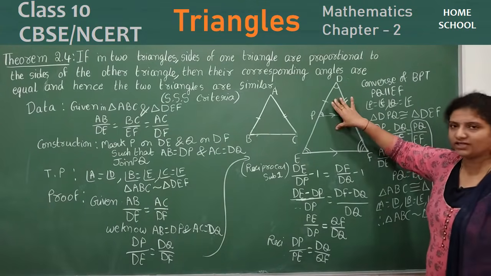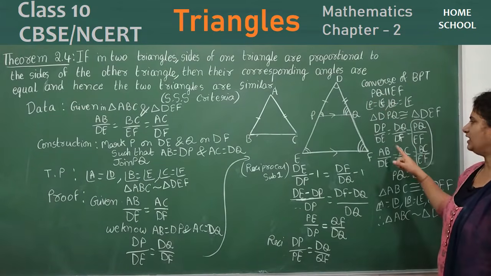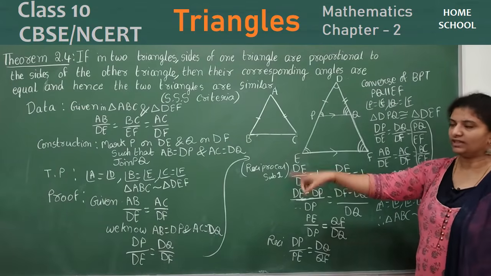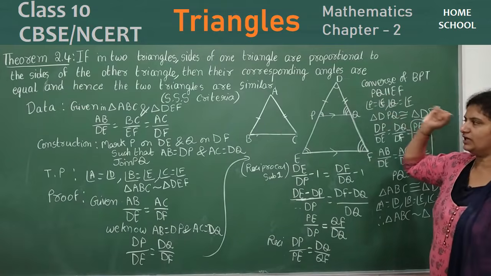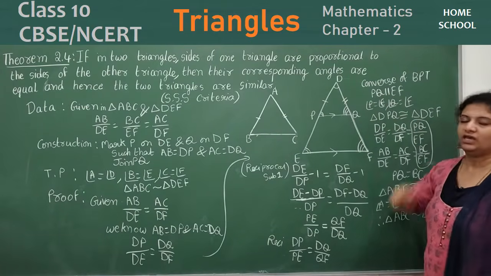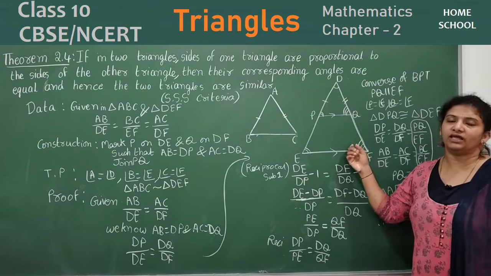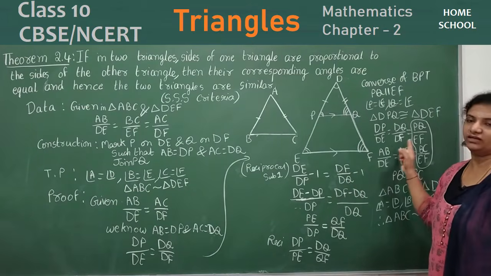Now rewrite the ratios, that is DP by DE, DQ by DF. So now what we have taken, original ratio given, that we have taken DP by DE and DQ by DF, whereas PQ by EF. We are comparing the two triangles. If they are congruent, then their sides are in proportion. So that I have written here.